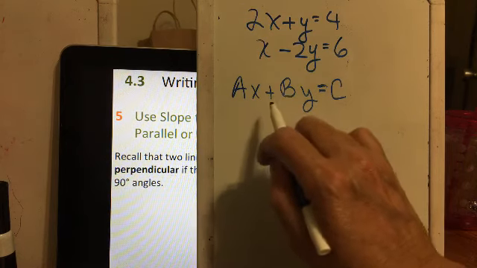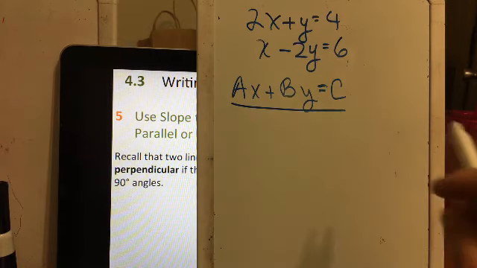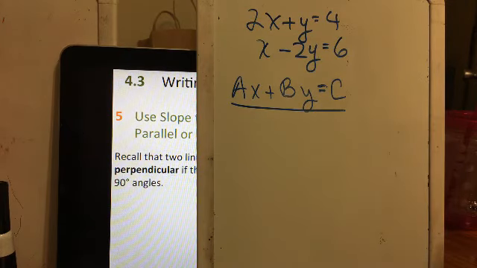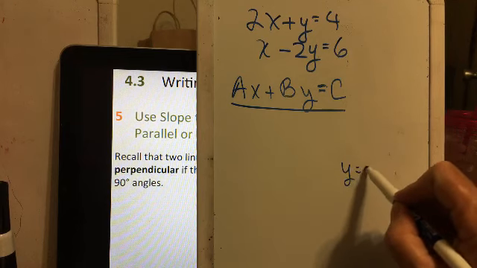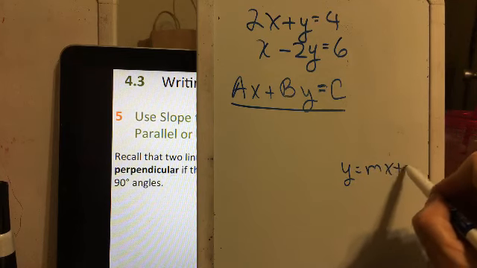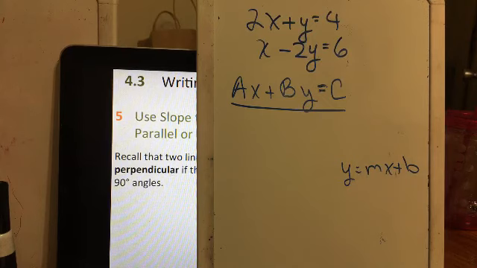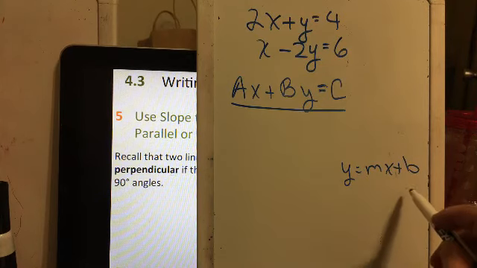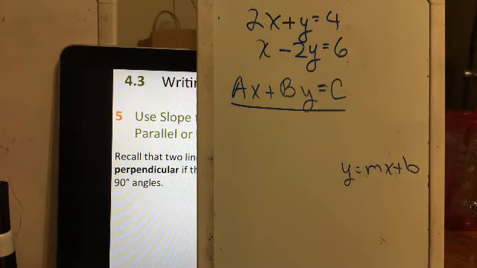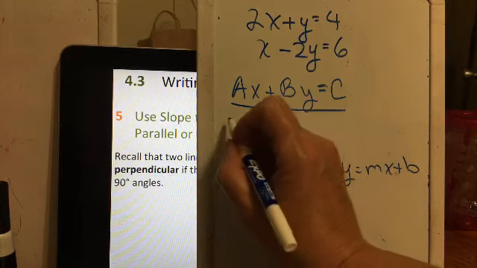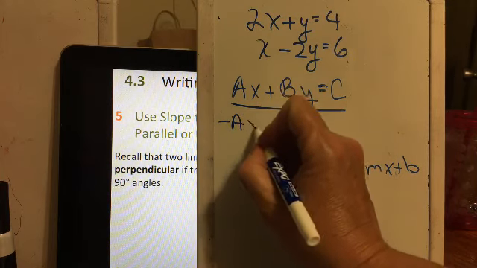If I take this standard form and want to put it into slope-intercept form, which is y = mx + b, I just need y by itself on the left. I don't need this x over here. It's got to go to the other side, so I'm going to subtract ax from both sides.